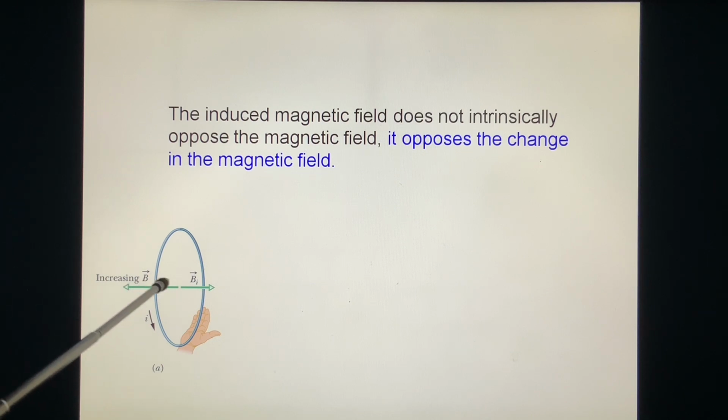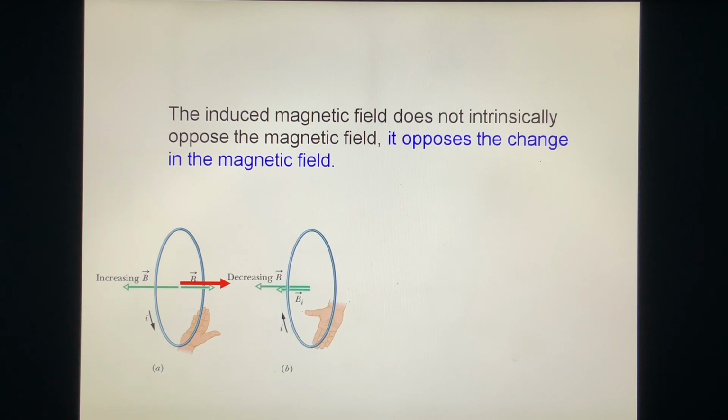Now, we look at this one. If the magnetic field increases in this direction, it will induce a current which opposes the change. In other words, the induced current should be in the opposite direction. So this is the current opposed to the change. Now, if the same B decreases, the induced current will oppose the decrease, so it will produce a magnetic field in this direction.